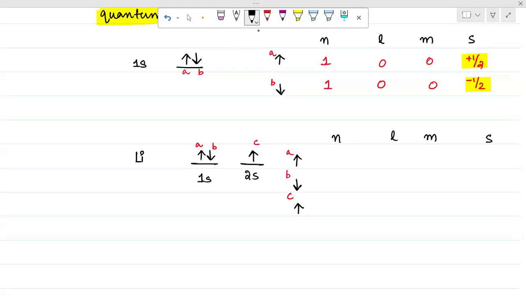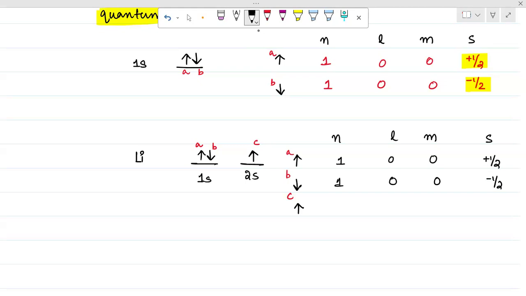I want to check whether any two electrons in a system can have same set of quantum numbers. So let's talk about A. It is present in 1s. So the value of N will be equal to 1. L value will be 0. M will of course be 0. And S can be plus 1 by 2, let's say because it is upright. In the case of B, which is there in the same subshell, 1, 0, 0, minus 1 by 2 because it has got an upside down spin.